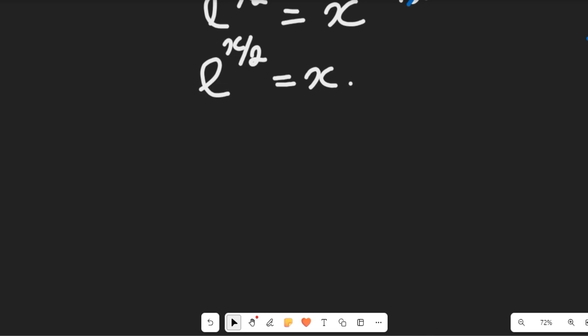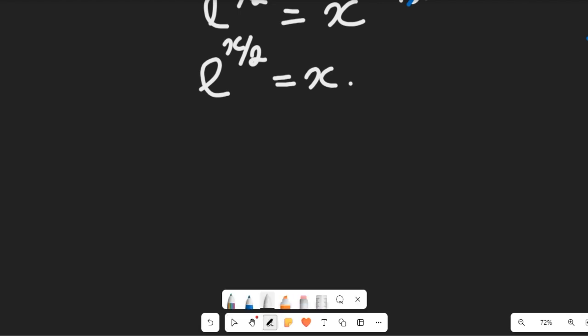Now at this point, we have to simplify further. And for us to simplify further, recall we are asked to find the value of x. But the value of x cannot be equal to x to the power of x divided by 2. So what do we do? Let's see if we divide both sides by x, we can get a good solution.